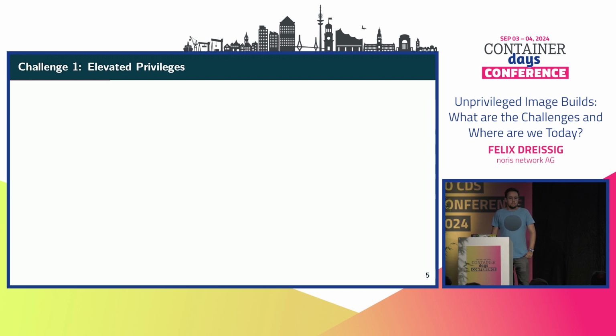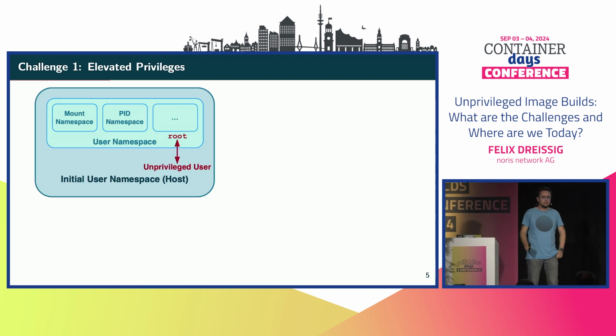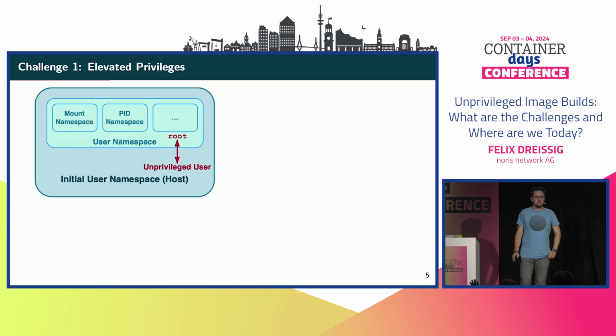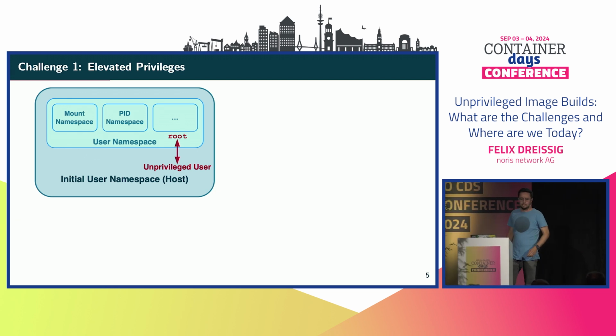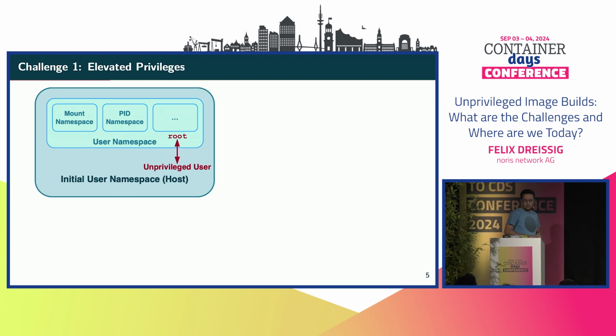So the major building block to work around this is user namespaces in Linux. Who of you has heard of, or is at least somewhat familiar with, user namespaces? Yeah, I'd say a third maybe. Okay, I'm going to give a very quick introduction. User namespaces are this Linux feature where you can be root in some isolated part of the system, but outside of this isolated part, it maps to an unprivileged user on your host.